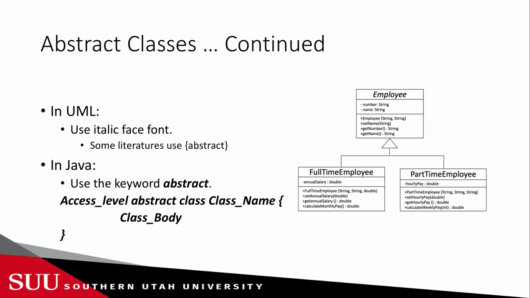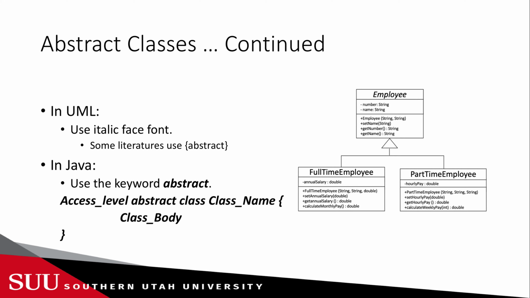Now in UML, you are going to use italic font to represent abstract classes as we see in the employee class in this figure. But then in Java, we will use the keyword abstract, and I included the general syntax for that.